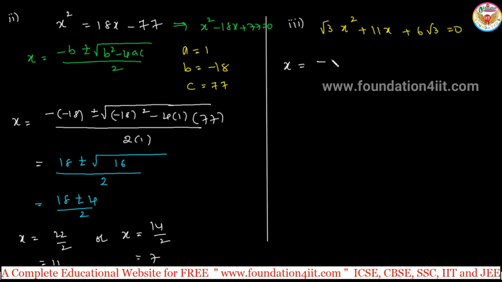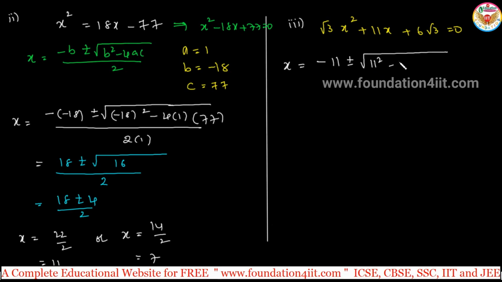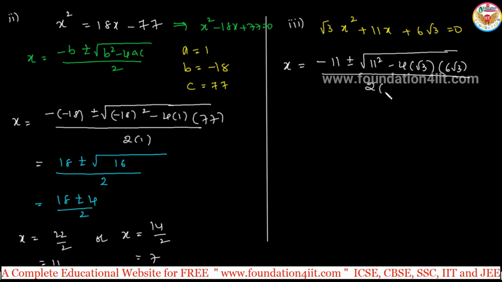Straight formula minus b is 11, right? Plus or minus under root b square minus 4 a value root 3, c value 6 root 3 divided by 2a. 2 into again square root of 3. We have to simplify this step by step.